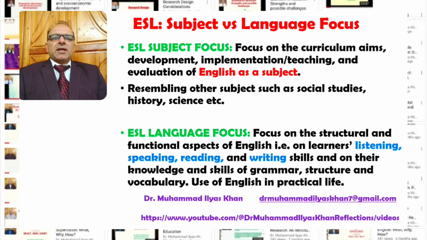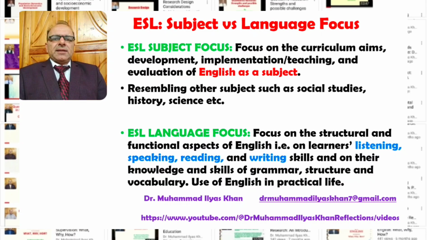In other words, the curriculum is developed and implemented, and the process of teaching and English language education is evaluated in a way where the focus is on the learning of English as a subject. This approach treats English like other subjects such as social studies, history, or science.